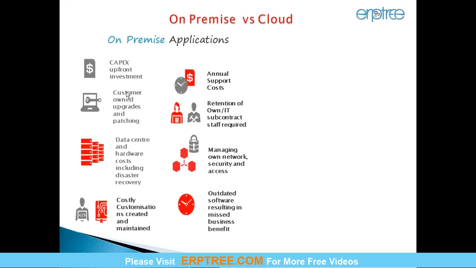And if you want to upgrade your product from the current version to the latest version, all these upgrades should be owned by the customer, where the customer has to invest money for the team and activity, and the patching and everything will be done by the client team only. And you have to depend on the data centers, and hardware cost will be involved. And in terms of customizations also, you can compare it to the cloud, it is a little bit costly.